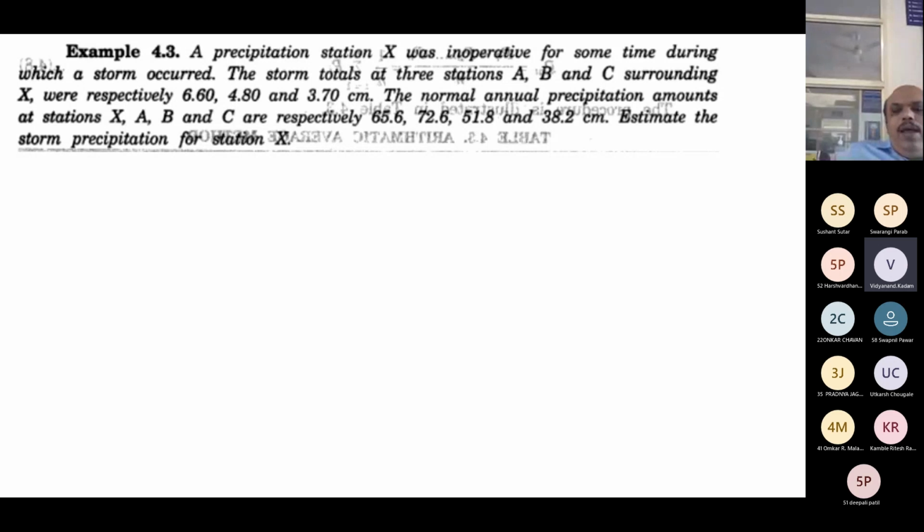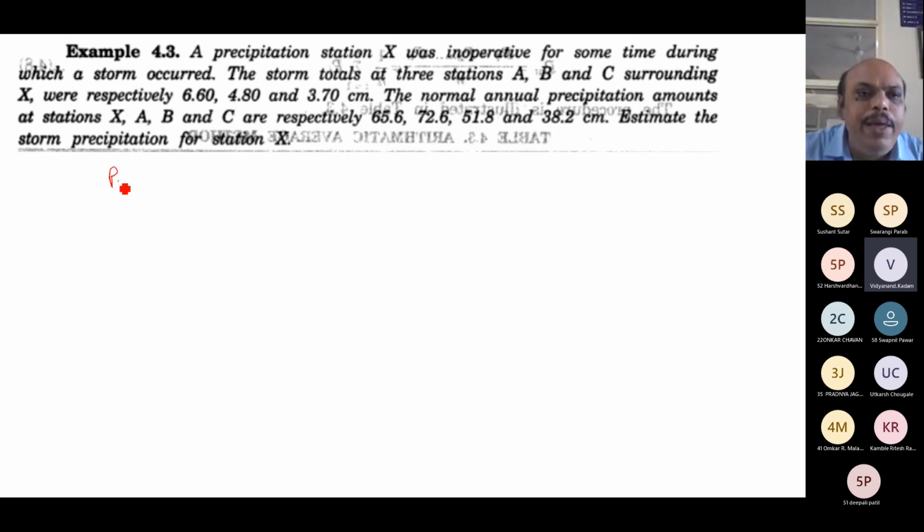So here see what data is given. See the first line, a precipitation at station X. So here what we have to find?